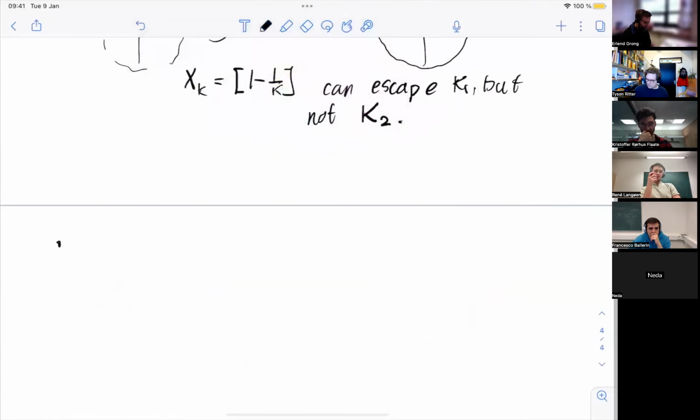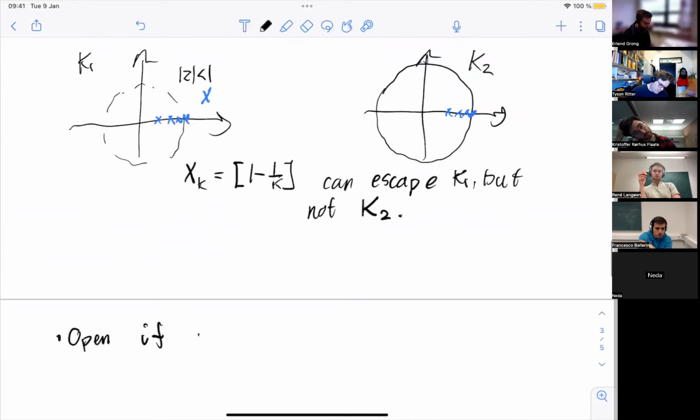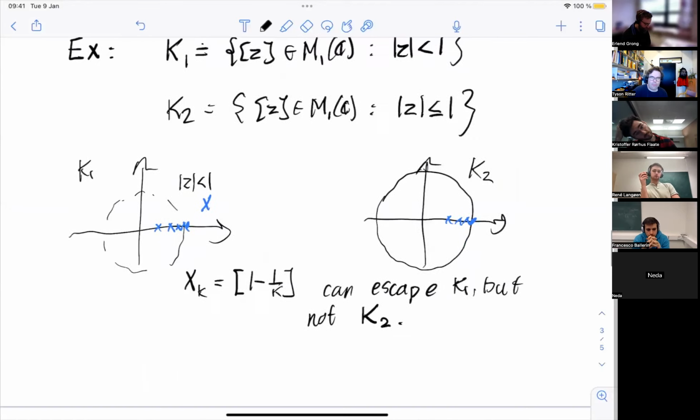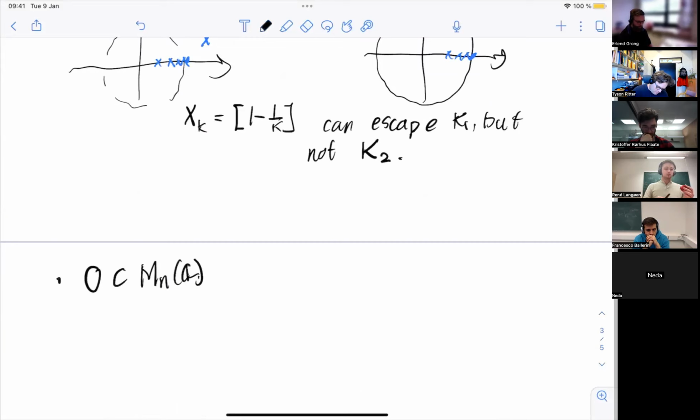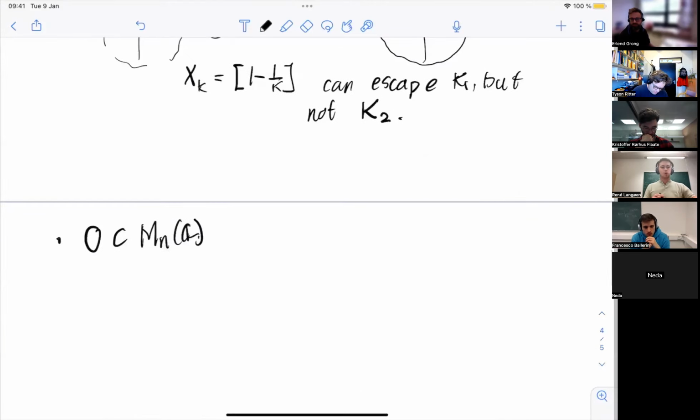Then a subset is called open if, let's say, a subset O of the matrix group. I'm going to use complex here all the time, and in the end, I'll write that it's the same for real.